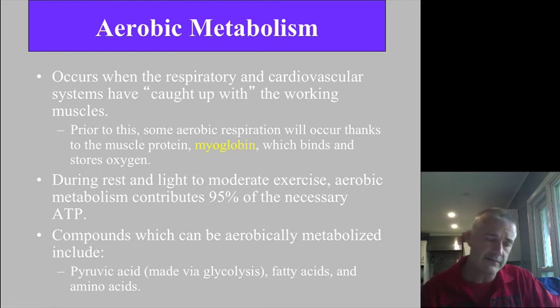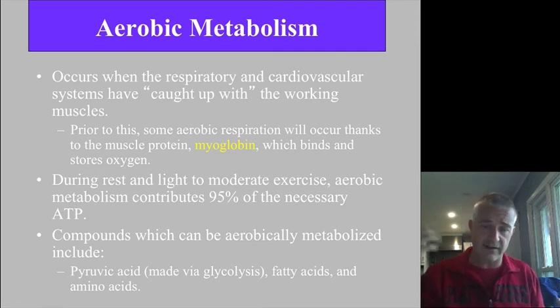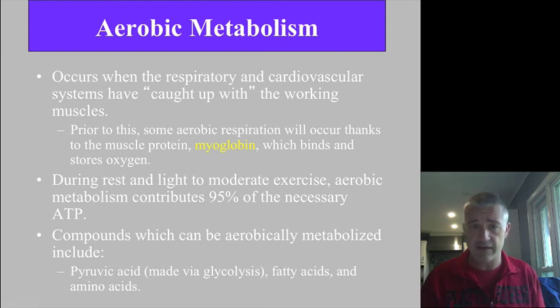But once you get up to a moderate level of activity, and you've had a couple of minutes for your breathing rate and heart rate to come up, most of your energy at this point is going to be through aerobic metabolism. This is the stuff you learned in bio and biochem if you've had that, where you're doing that electron transport chain, using those nicotinamides that are carrying the hydrogen ions, the NAD and the FAD, carrying those hydrogen ions through the electron transport chain, and then having oxygen as the final electron acceptor.